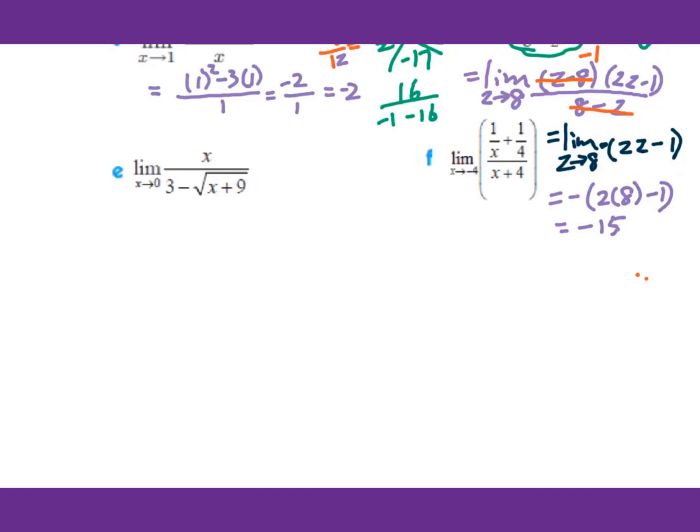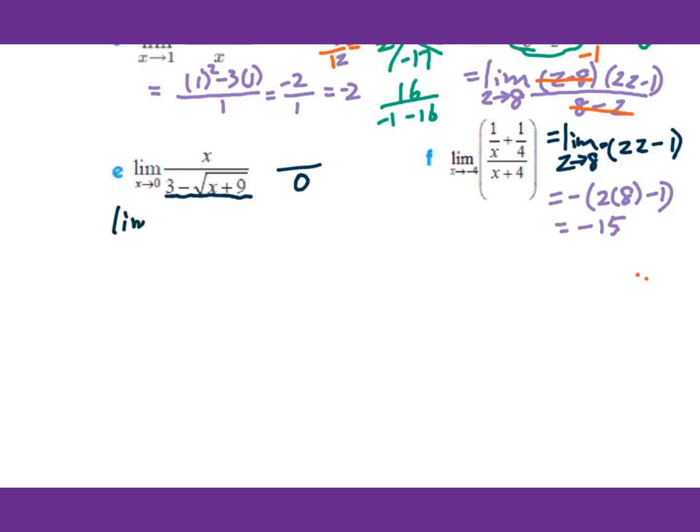Now let's go to E. When we plug in 0, we still get the denominator is 0. So it's undefined. If it's undefined, just check. You cannot factor. We do have these expressions, so we can do rationalizing, or we call this a conjugate multiply.